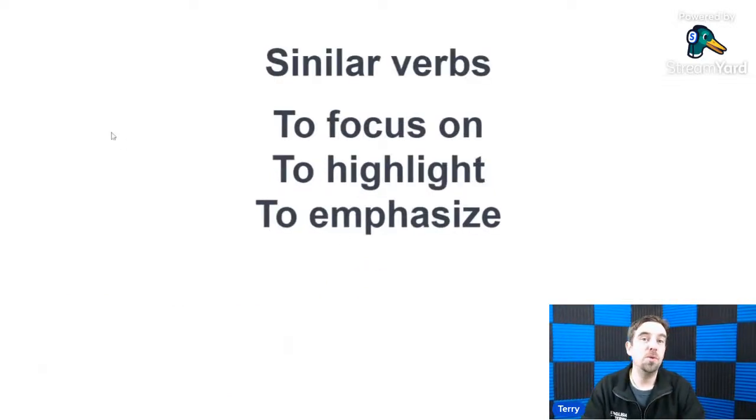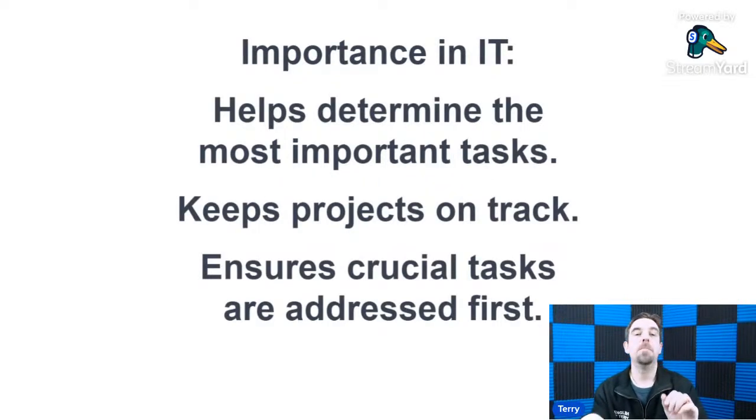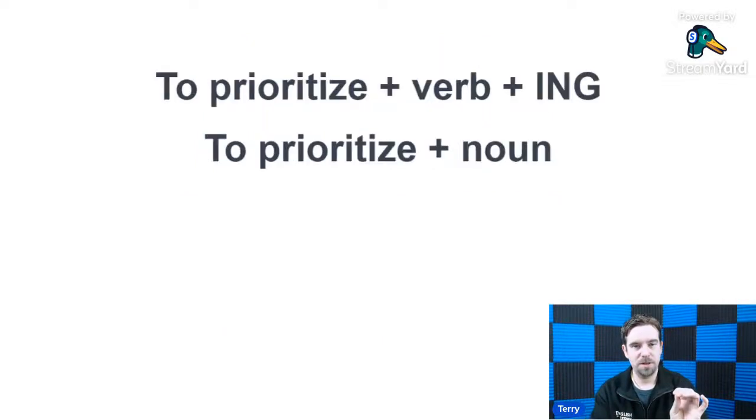Similar verbs are to focus on, to highlight, or to emphasize. Emphasize. Okay. The importance of the verb prioritize in IT is that it helps determine the most important tasks, keeps projects on track, and ensures crucial tasks are addressed first.